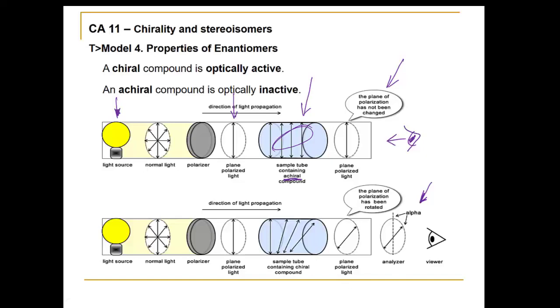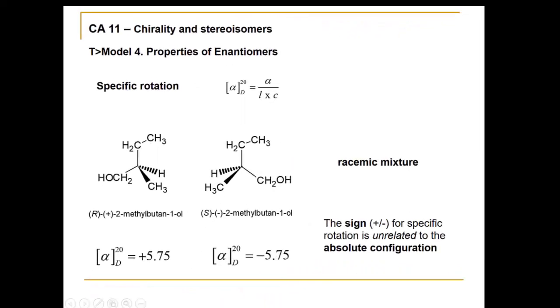Let me show you how we calculate what's referred to as the specific rotation for a compound. The specific rotation for a compound is calculated using this formula. The alpha here is the degree of rotation. The L refers to the length of the chamber.